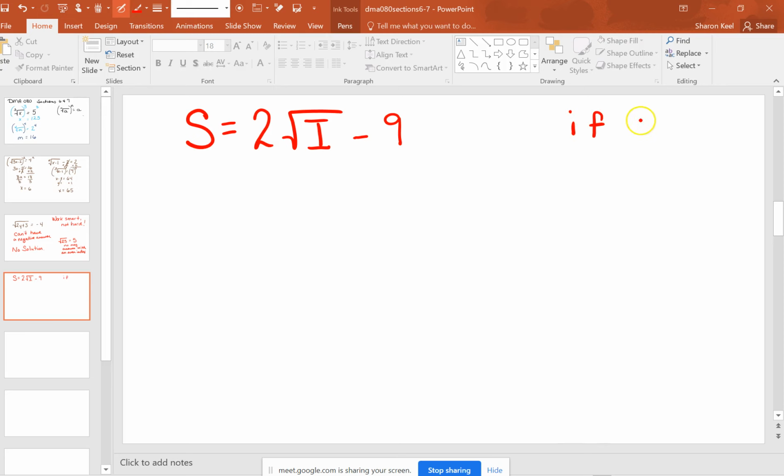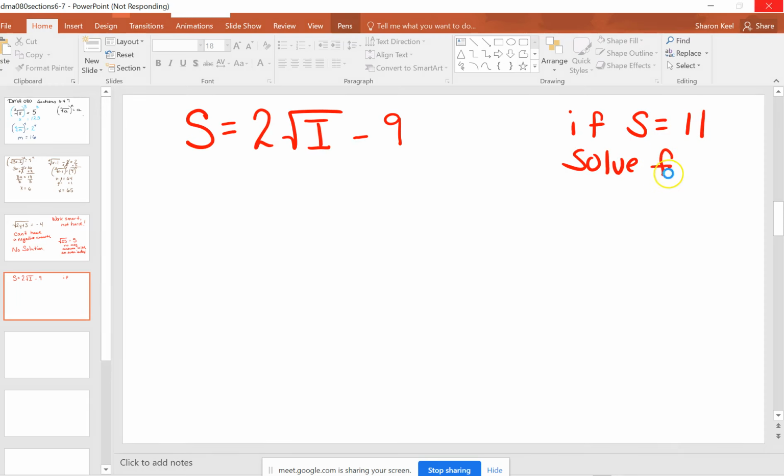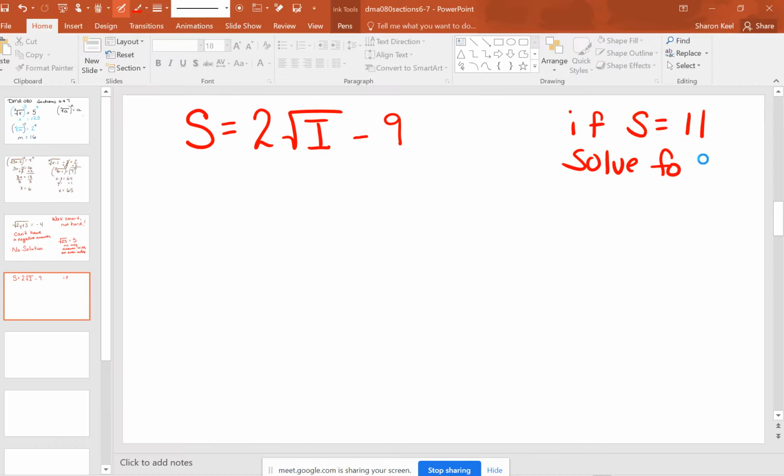So in this case, if S equals 11, we are going to solve for the I. So what that means is where the S is, we're going to substitute our 11. When you're looking at this problem, think about treating this whole unit as being the variable.